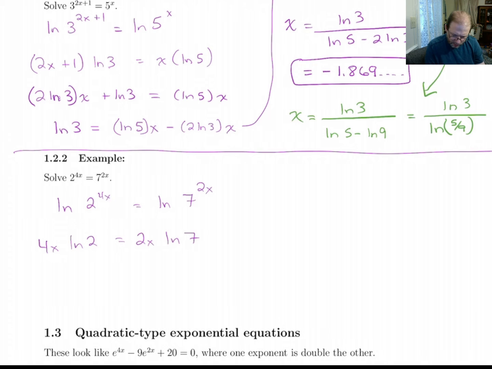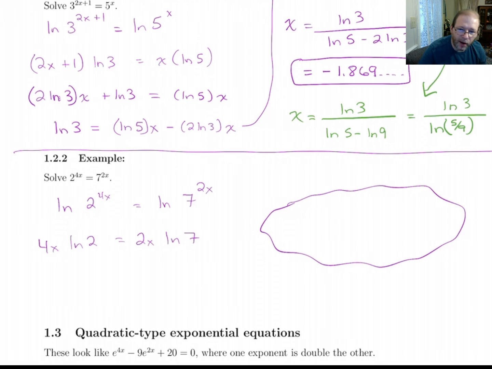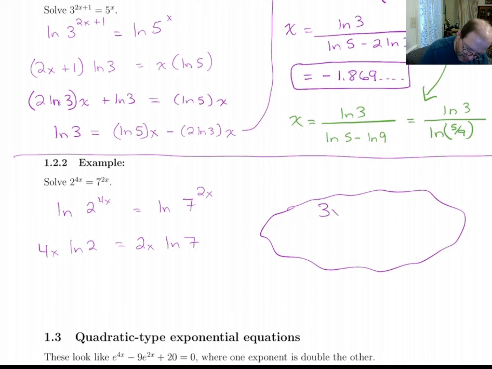And so now what we've got here looks a little strange, or it doesn't look strange, but let's think about something over here just in this cloud. I never can draw clouds that look nice. But let's say you had something that said 3x equals 5x. You might look at that and say immediately, that's only going to be true when x is 0. And the same thing's going on over here.